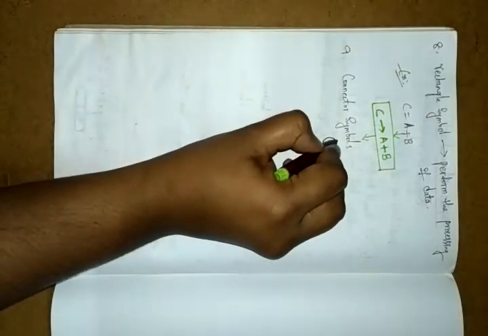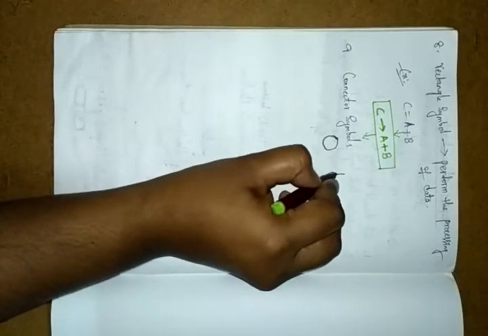The connector symbol is like a circle, and it connects like this. Suppose you have more than one flow line; you can decrease them by using the connector symbols.